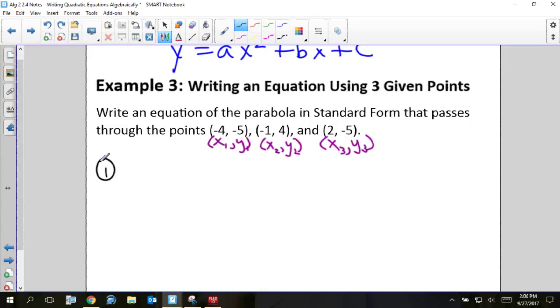The first equation is going to be y equals, so negative 5 equals A times x squared, so negative 4 squared, plus B times x, negative 4, plus C. So that's equation number 1.